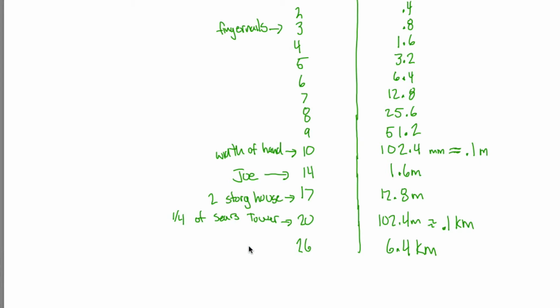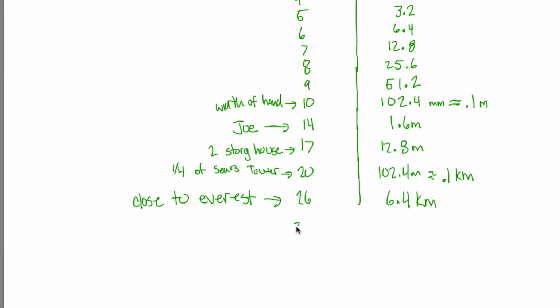6.4 kilometers, how tall is that? Well, now we're getting close to Mount Everest. I think Mount Everest is 8 something kilometers. I don't know, close to Everest. After 26 folds, we're almost as tall as Mount Everest, the tallest mountain on Earth. Crazy. 30 folds?